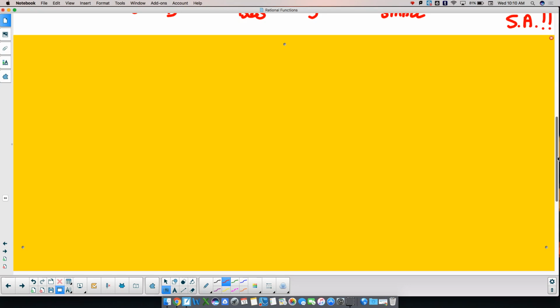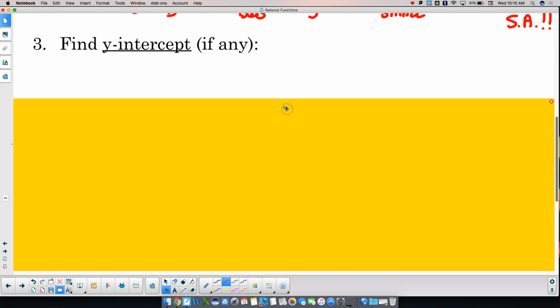Find my y-intercept. Okay? How do I go about finding my y-intercept? So I find f of 0, or I plug in 0 for x. Okay? What do all of my y-intercepts look like? All of them have the same form. 0 comma some number.